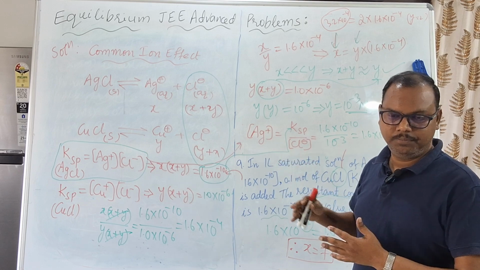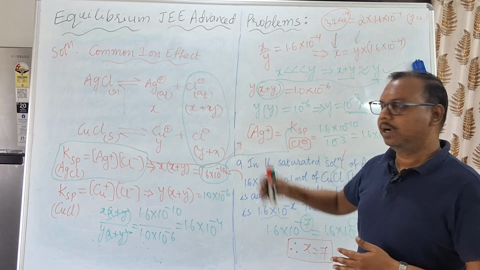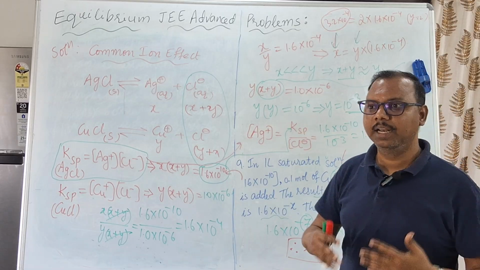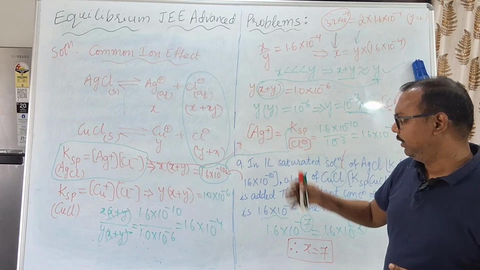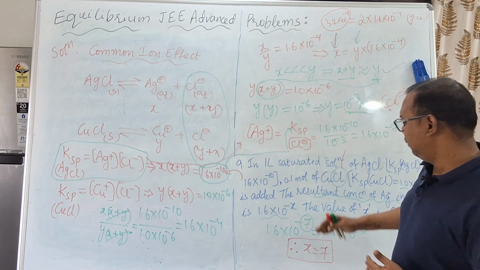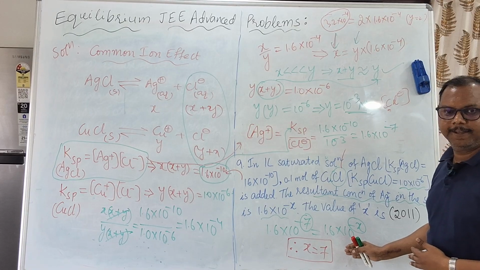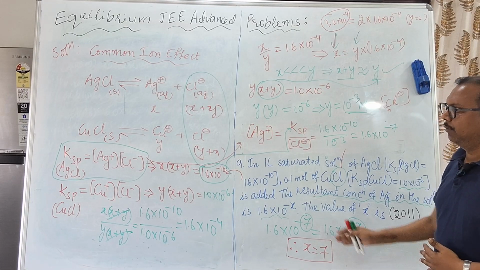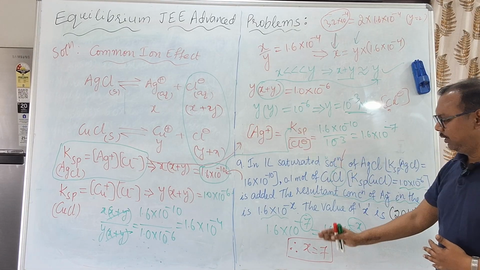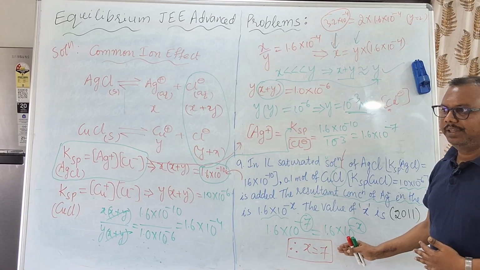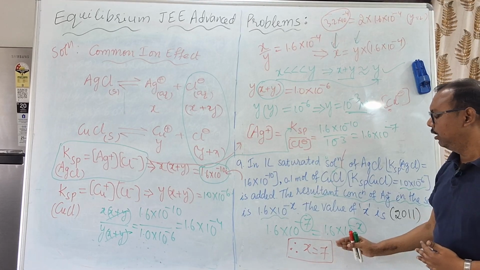All these questions relate to common ion effect considerations, and in this particular case it is purely the common ion effect, because 2 solutions are mixed here. These are sparingly soluble salts. Therefore you can see the x value we got is 7.